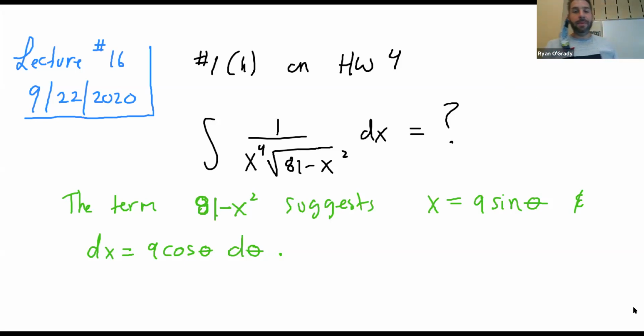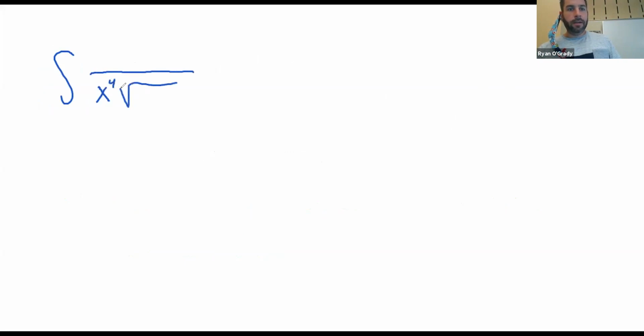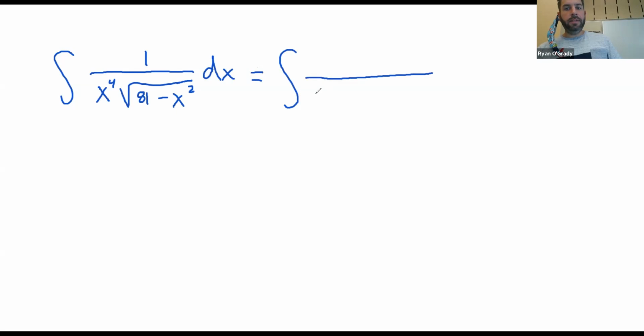Okay, that being said, let's plug and chug, as my old high school math teacher used to like to say. So here's what the integral becomes. We start with x to the 4th downstairs, and then the square root of 81 minus x squared, and then upstairs is a 1. And so this integral becomes, the x to the 4th becomes 9 to the 4th. I don't know what that number is.